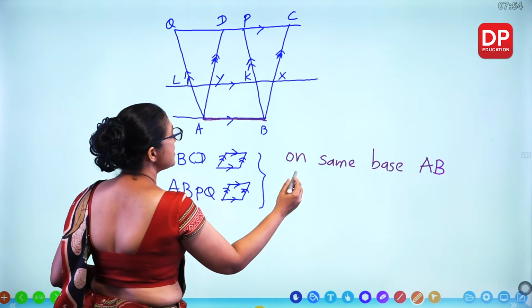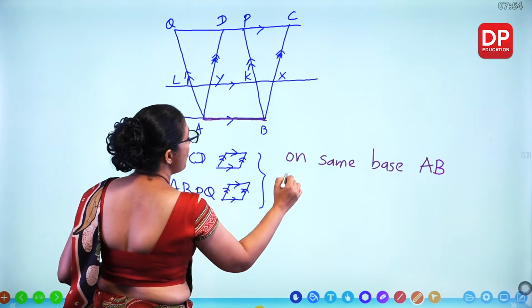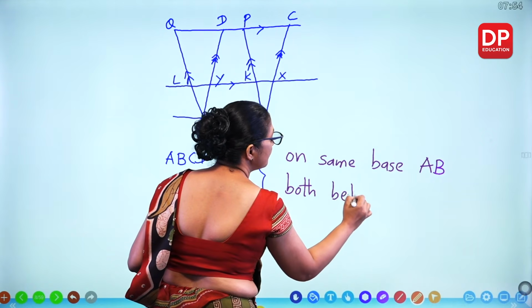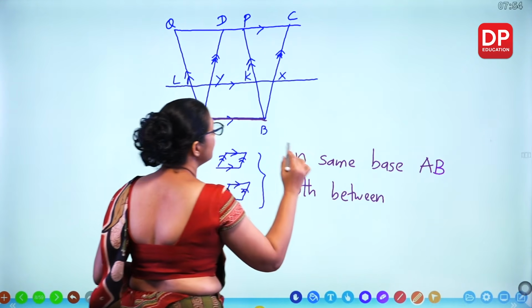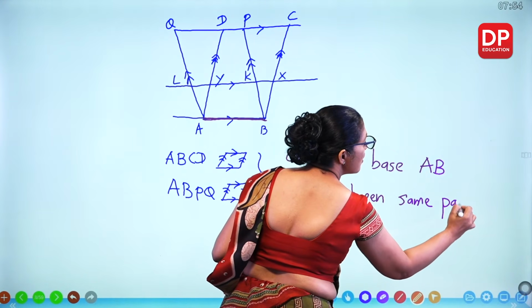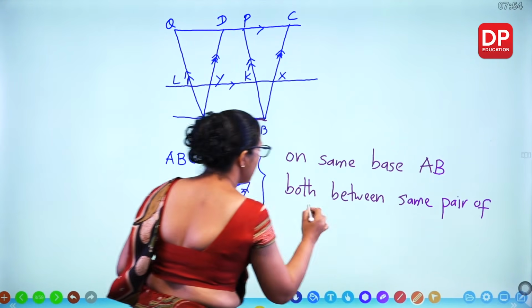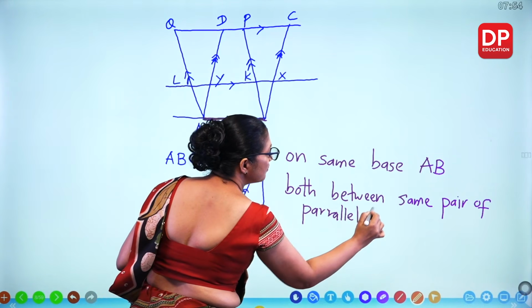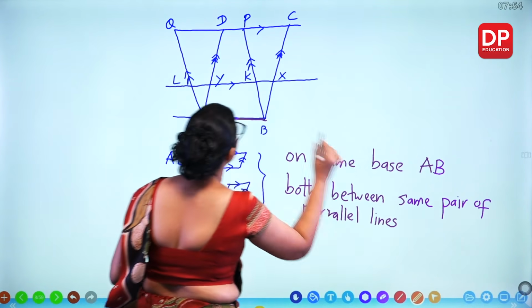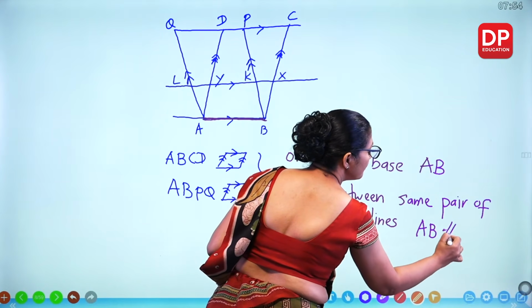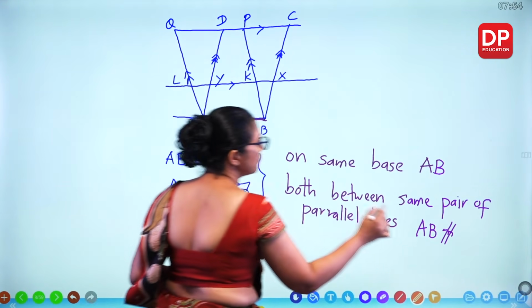I can write both between the same pair of parallel lines AB and QC.